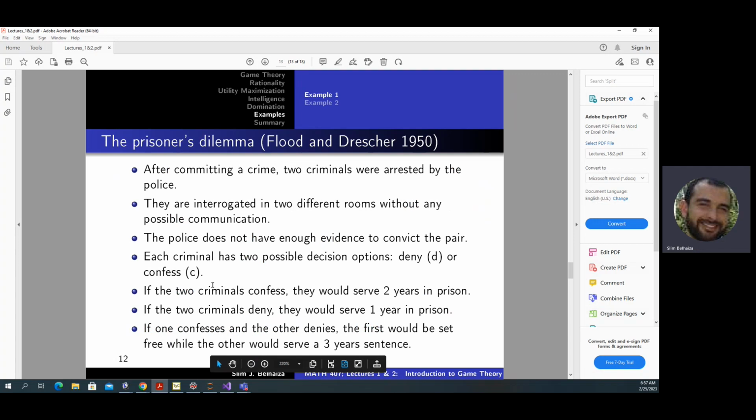So let's take a first example. Here we talk about the famous Flood and Dresher 1950 prisoner's dilemma example. In this context, after committing a crime, two criminals were arrested by the police, and they are being interrogated in two different rooms without any possible communication between them.